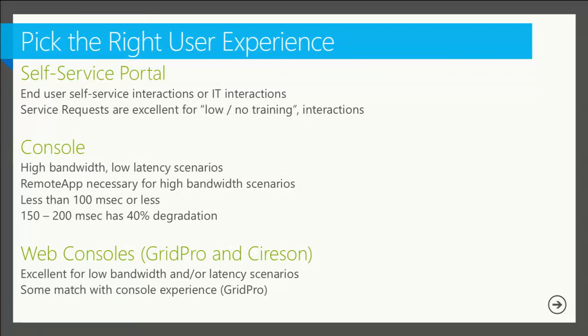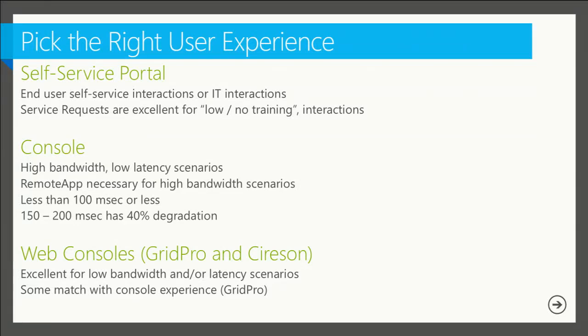So how do you get content to those people who are geographically dispersed? Well, there's really 3 options that we've seen have been successful. Option 1 is use remote app, running on a VDI session, and deliver that to the users. That works pretty well, right? It's console experience running through remote app. It's fine.